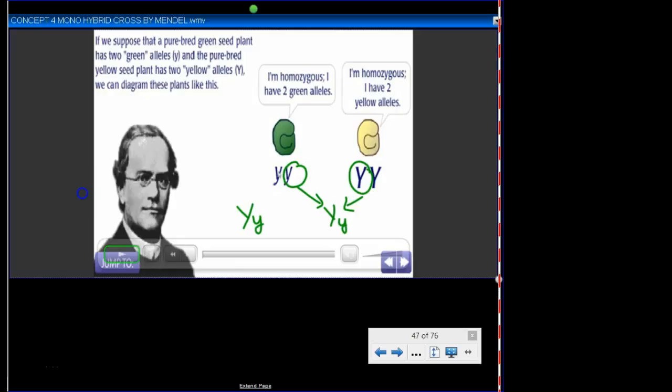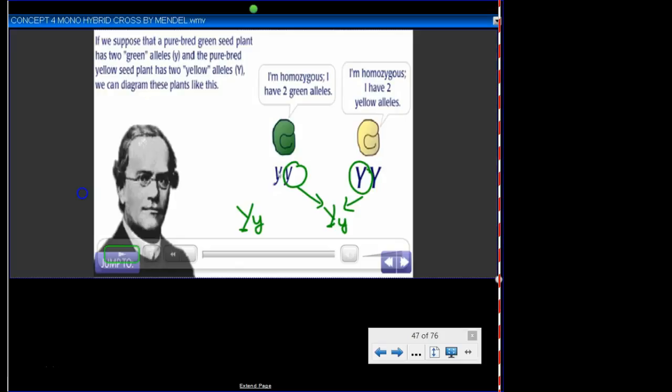And that's what Mendel discovered, is that because you could pass on this or this, then if the offspring got big Y, it's going to be a yellow pea plant. If the offspring inherits a big Y and a little y, still yellow. But there's the opportunity that the pea plant will inherit two recessive y alleles from the parents.